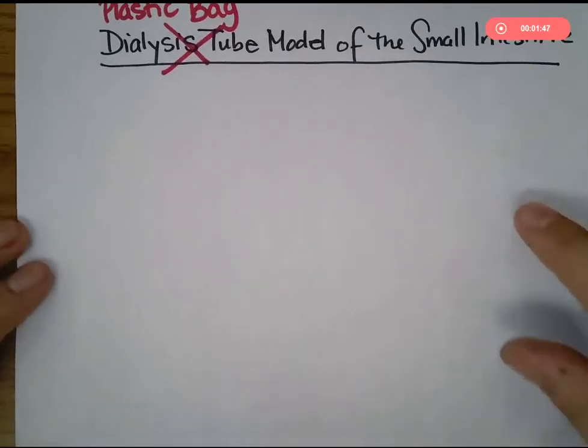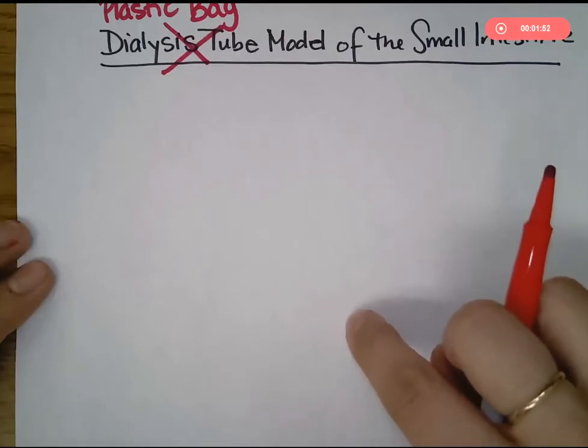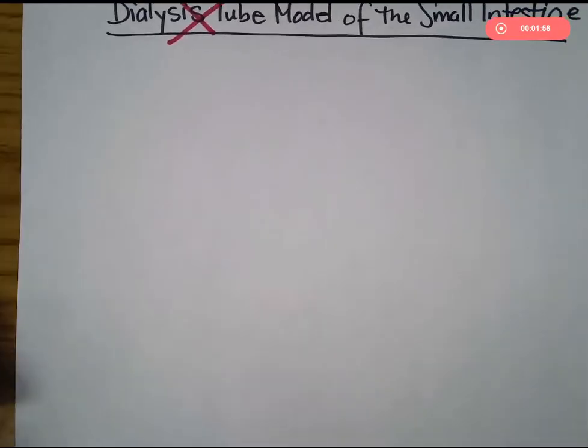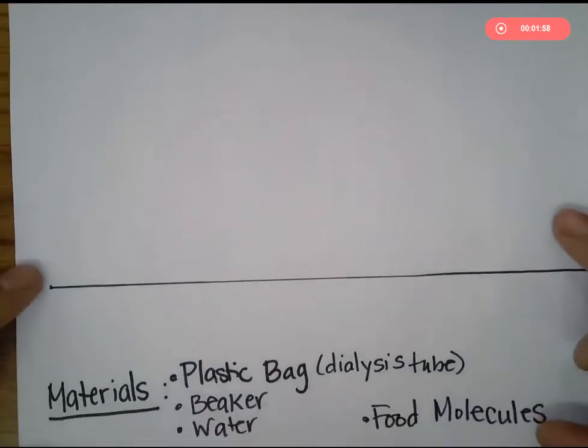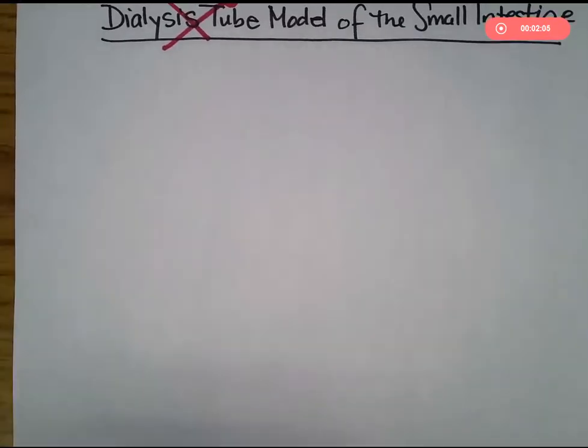All right, so we have our box here in the middle of your page. We're going to be drawing our model of our lab setup right here in the middle of the page. So if we look at our supply list, we have a beaker. So let's start with drawing the beaker as part of our model.